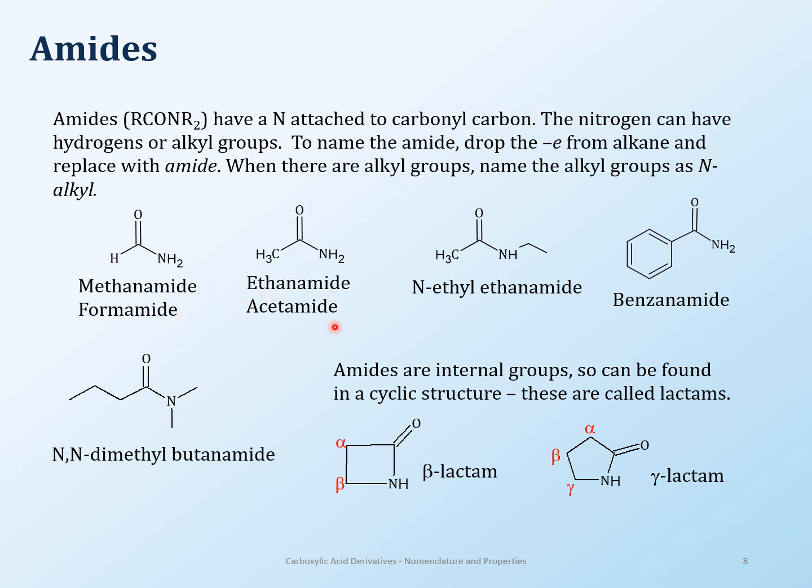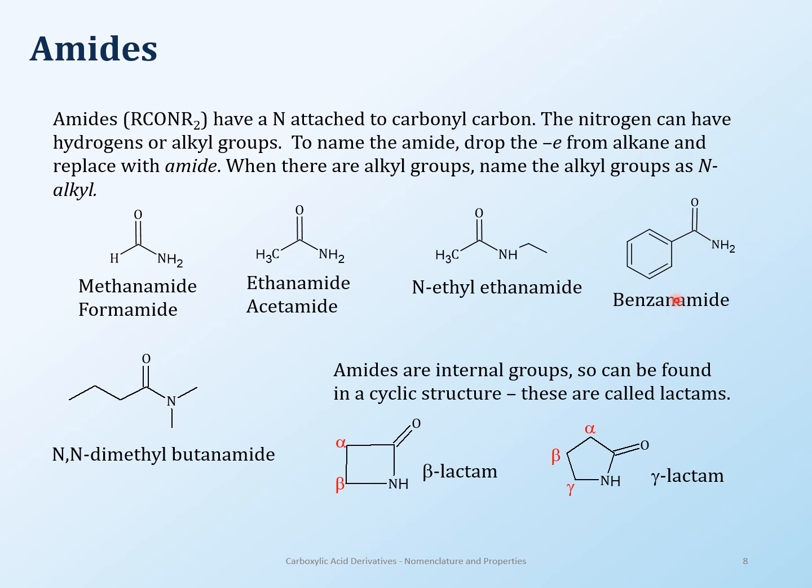Ethanamide, butanamide, pentanamide, and so on. Now, you can also have substituents on the nitrogen. If that happens, then you say the substituent as N, whatever substituent, and then the base name. So in this case, N-ethyl ethanamide.